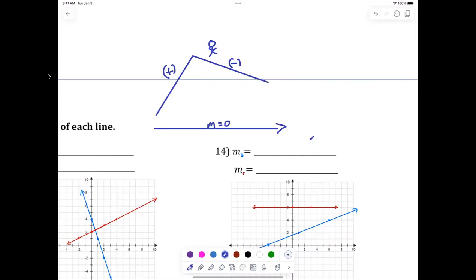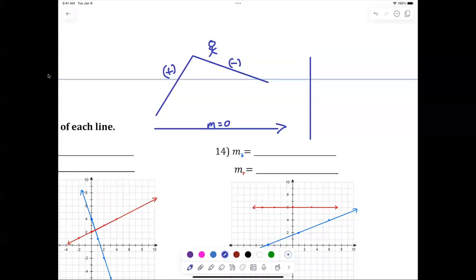So now look right here at my new line. The slope is getting bigger and bigger and bigger, and all of a sudden, it becomes vertical. All right. Can you climb up that mountain? No, you really can't. Some of you might try. But you can't. That's vertical. You cannot climb up that mountain.